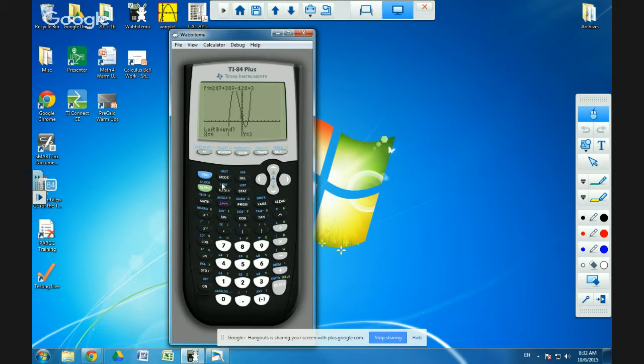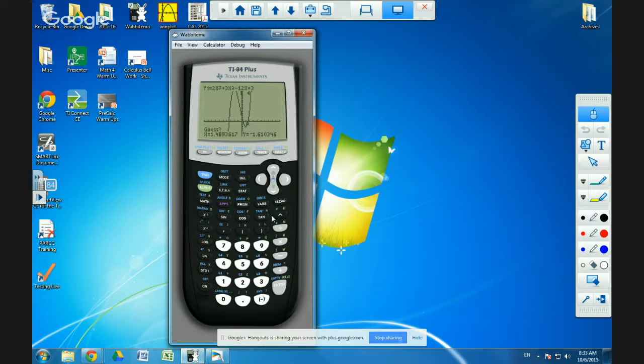A left bound means we need to be on the left side of that point. So I'm to the left of it with my cursor, right? Correct. Now we hit enter. And now I need to go to the right side of it and hit enter.